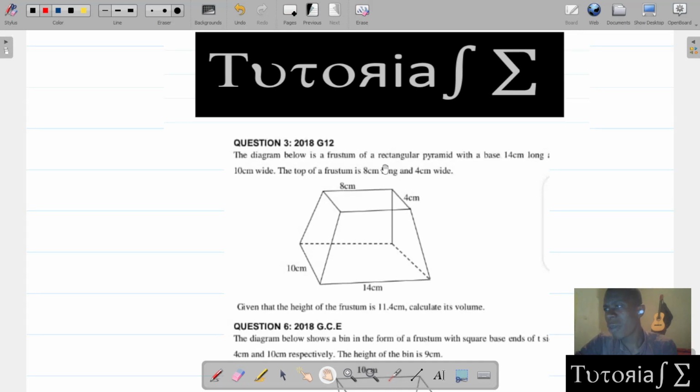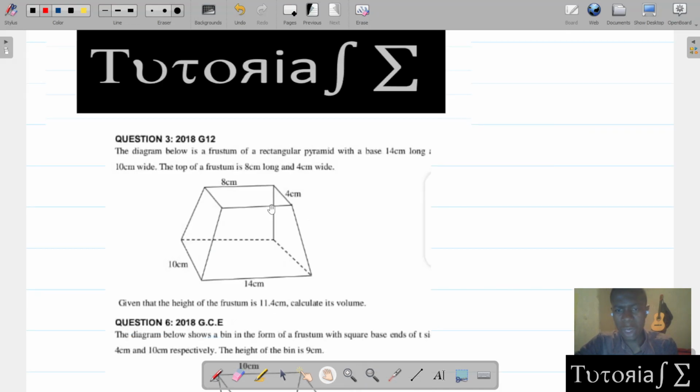And the top of the frustum is 8 centimeters by 4 centimeters. So this is also a rectangle. Even though the bottom part looks like a square, it is a rectangle. Same applies to the top part. Even though it looks like a square, it is a rectangle. All right, so let's dive into solving the question.